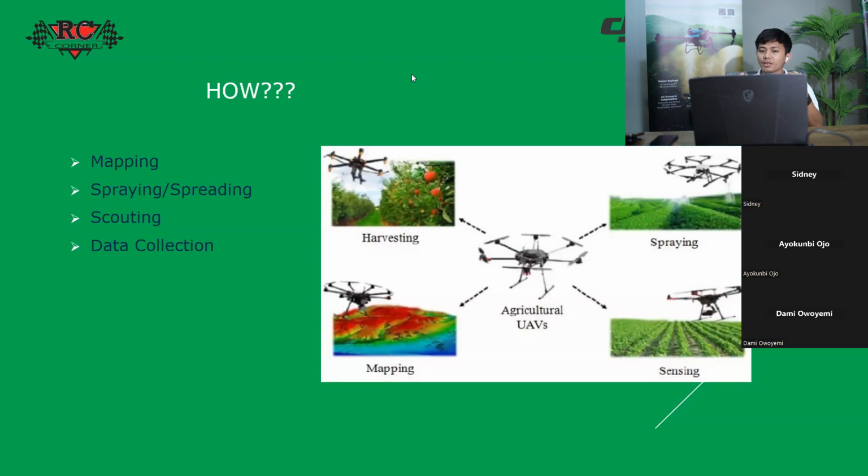And another thing is when you map, you get the correct acreage, hectares or acres. This is centimeter-level accuracy. So if you know the exact hectares or the exact acres, when you read the chemical or fertilizer instructions, you can apply as per the instruction, for example, 1 liter per acre.